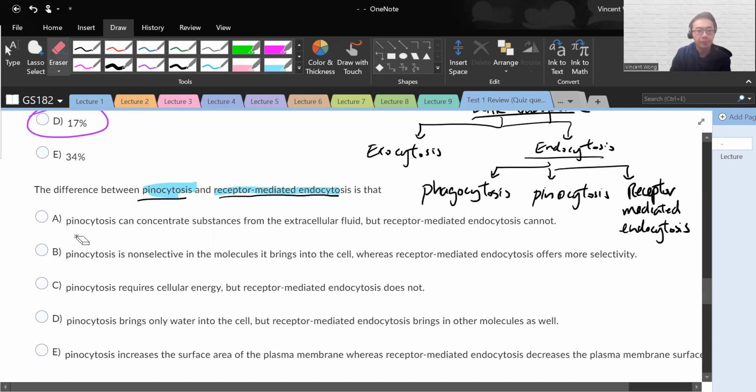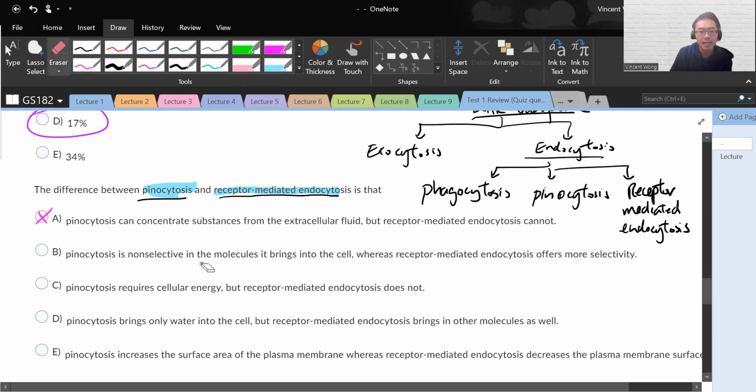First, pinocytosis can concentrate substances from extracellular fluid. That just means the outside environment. But receptor-mediated endocytosis cannot. Well, both of them are bringing things in, right? Okay, so it's not about concentrating things or not concentrating things. You're not changing the concentration of something here. So that's not the answer.